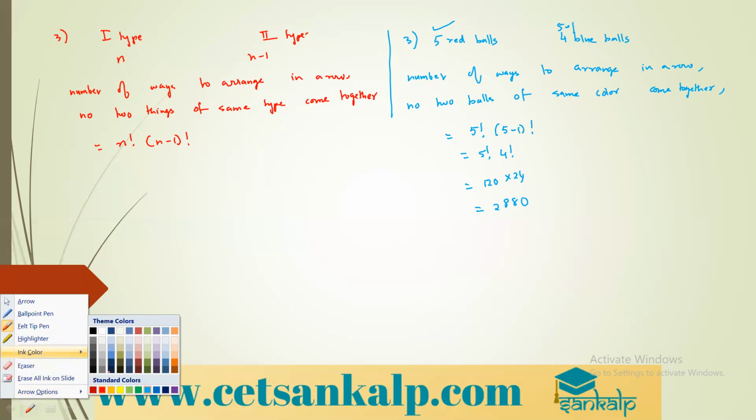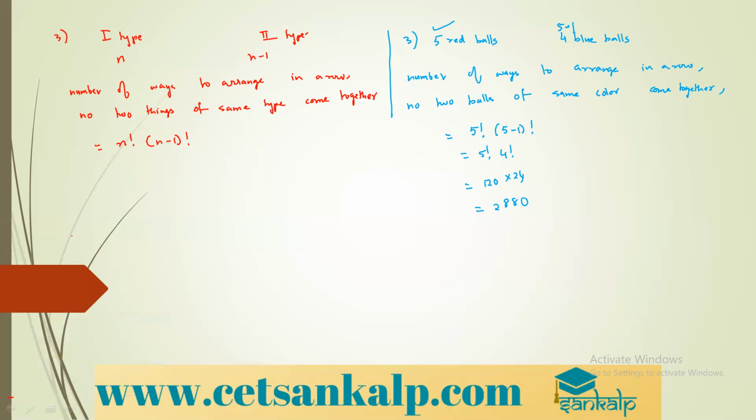Okay. Coming to the fourth shortcut formula. Again, first type things and second type things. Two types are there. If in the first type n things are there, and in the second type also n number of things are there. The types are different, but the number is the same.